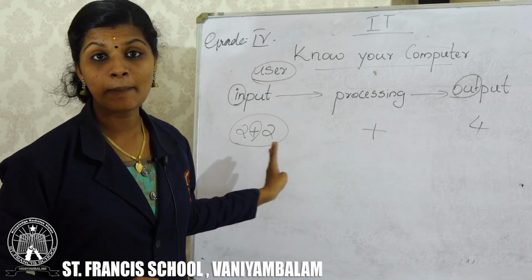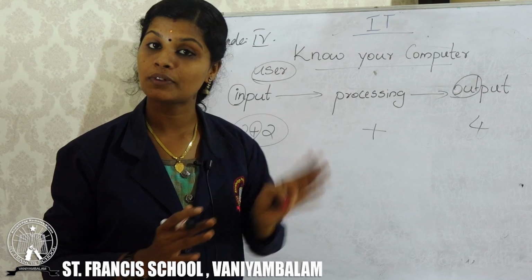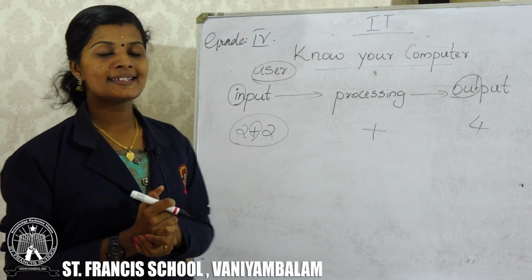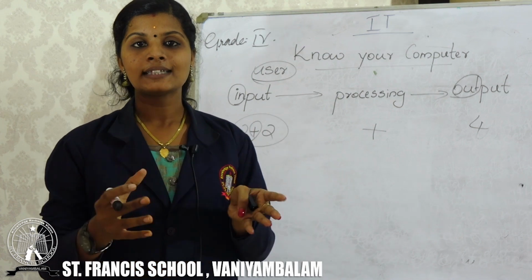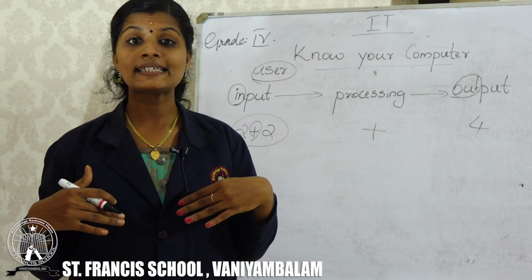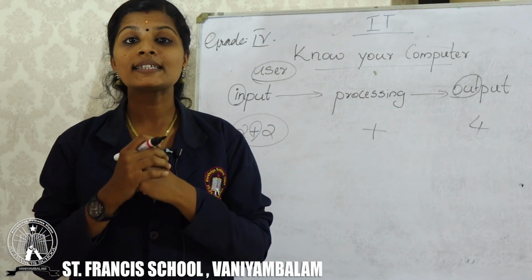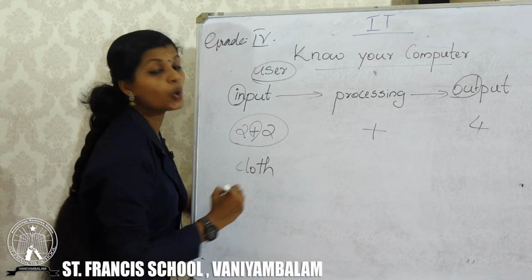Not only in the case of a computer, in every field these 3 steps are done. For another example, if I am giving you a cloth and the thing I want to get is a shirt. What is the input here? Here the input will be cloth.